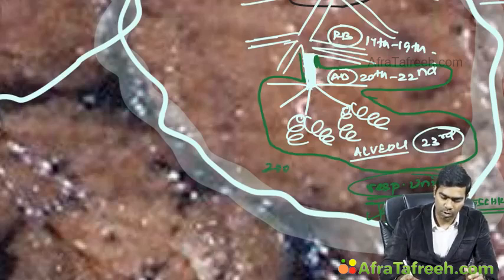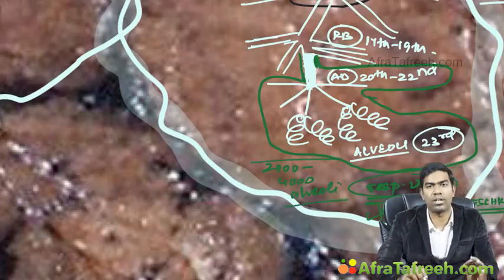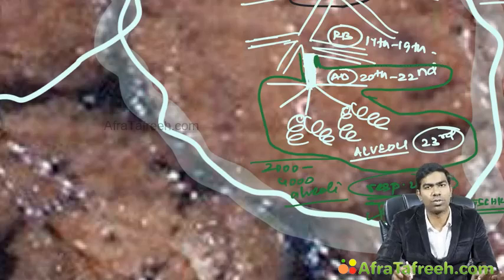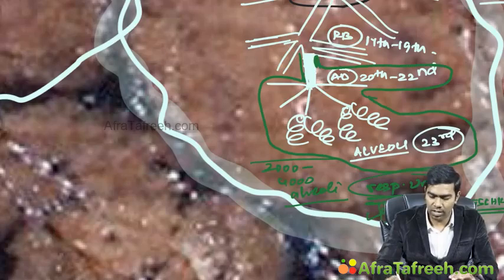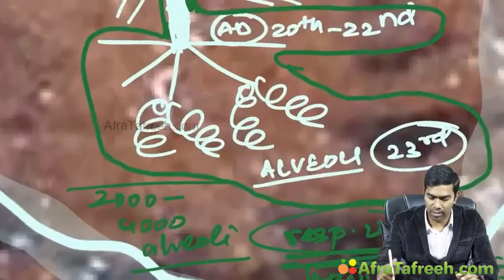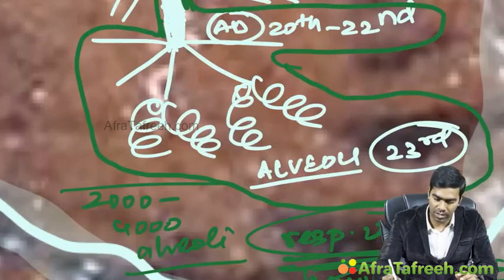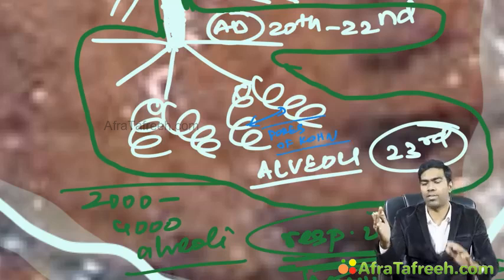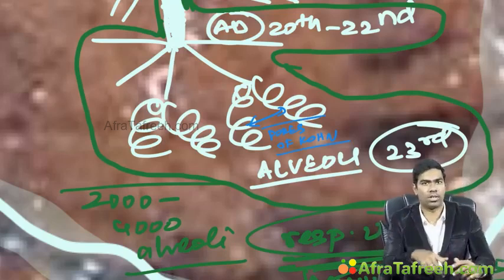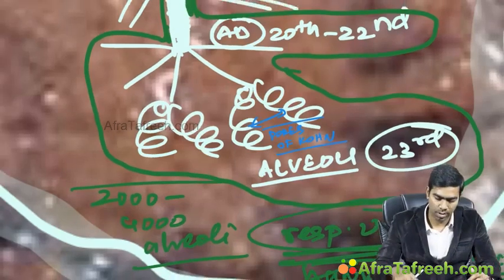Typically, you have approximately 2000 to 4000 alveoli. Can these alveoli communicate with each other? Yes, they can, through something called pores of Kohn, small pores through which one alveolus can communicate with another.